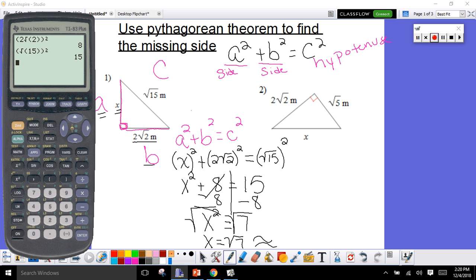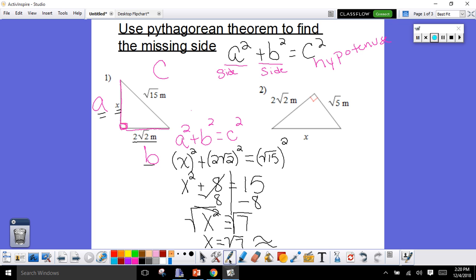So the approximation of the square root of 7 is going to be 2.65. So that would be my answer for number 1 here.